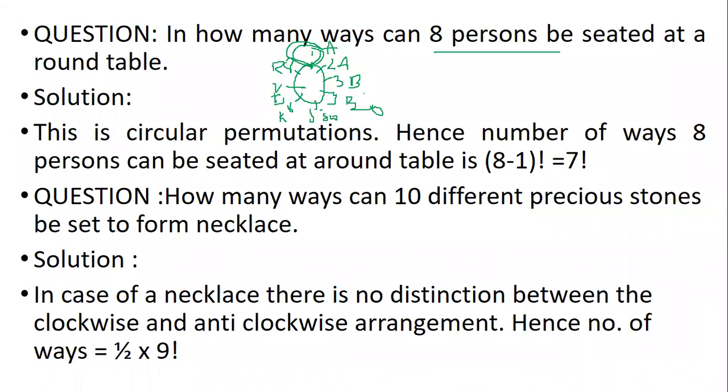Now apart from Anusha, how many more people do I have to arrange? Out of 8 I have already arranged 1. So 7 more people are there. I have Arpita, Bharat, Bindu, Swami, Kirti, Imran, and Rajeshwari to arrange. So these 7 people, I can arrange them in 7 factorial ways.